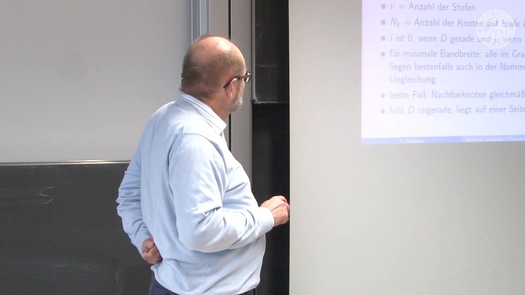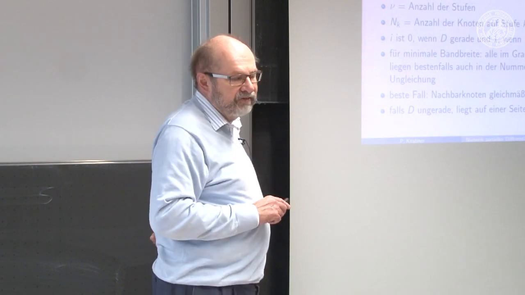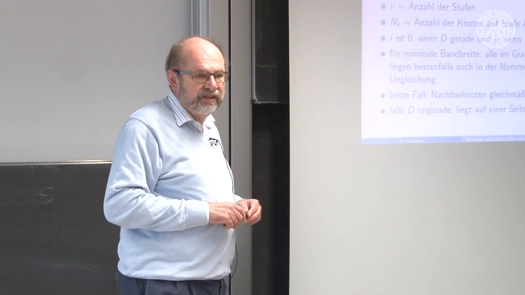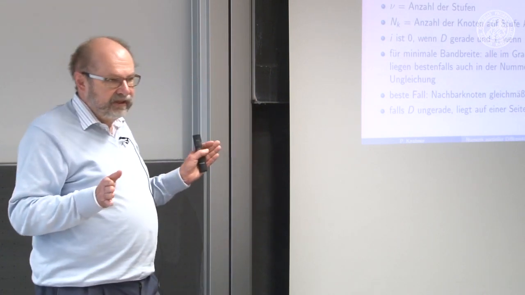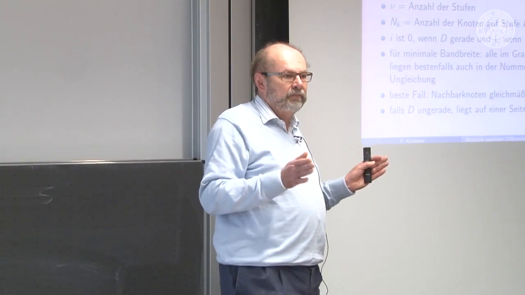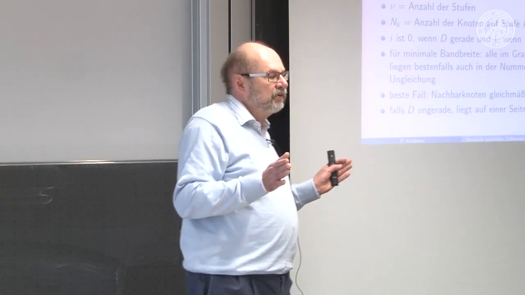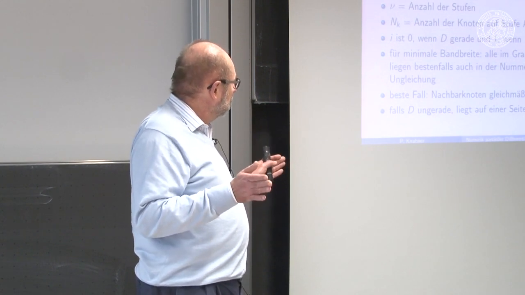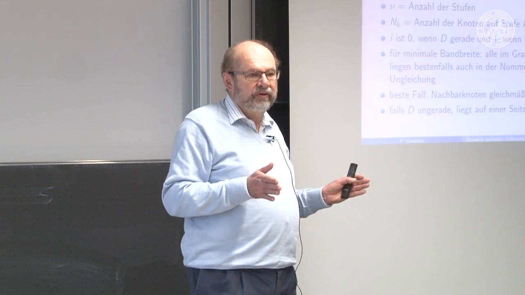So either (D+1)/2 in the case of an odd D, or D/2 in the case of an even D. And why is that? I think this is easy to see. If you only look at this special degree and don't exclude the possibility that further conflicts appear from other degrees, the only thing we could do for this node with maximal degree is an optimal ordering for all its neighbors.